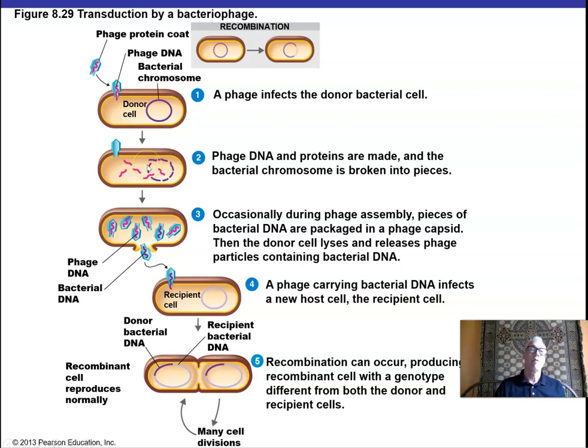Well, it so happens that during this normal process of a bunch of new phage being produced, copies of the genome and then copies of all the proteins, some of the fragments of the host genome of the bacterium could be packaged up in a phage particle.